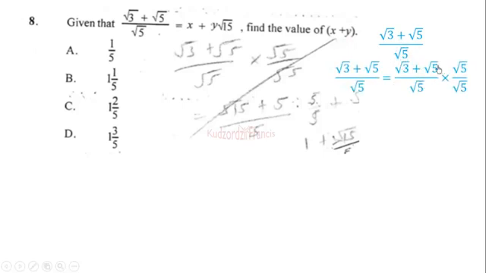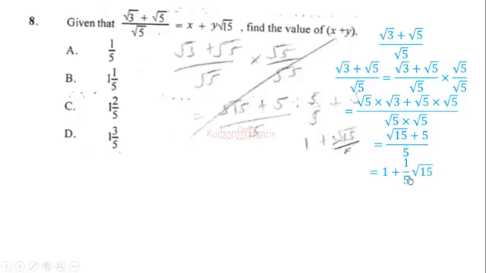Then you use the root 5 to multiply each term here, and the root 5 to multiply this, and that will give us this expression. Now root 5 times root 5 will give you 5, then root 5 times root 3 will give you root 15. Split the denominator for both of them, then you get 1 plus 1 over 5 root 15. So it means x is equal to 1 and y equal to 1 over 5. So when we add them, we get 1 plus 1 over 5, which is the same as 1 whole number 1 over 5.